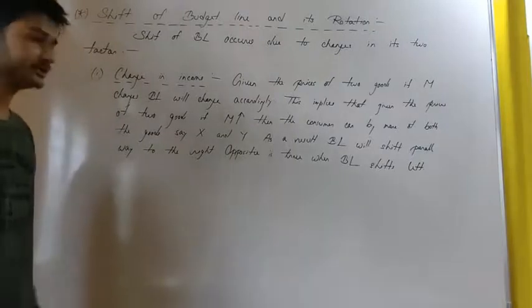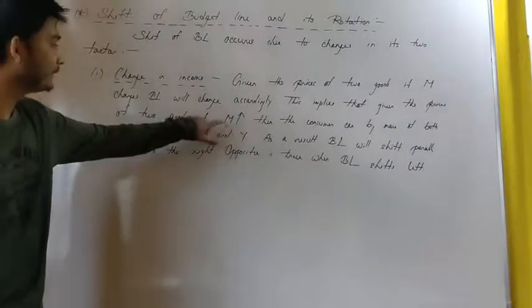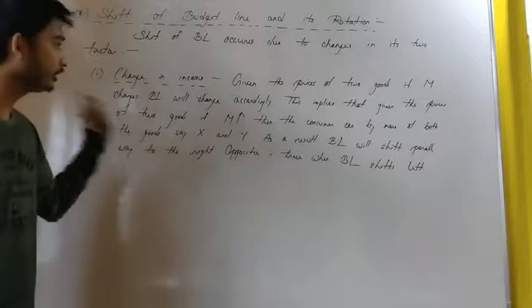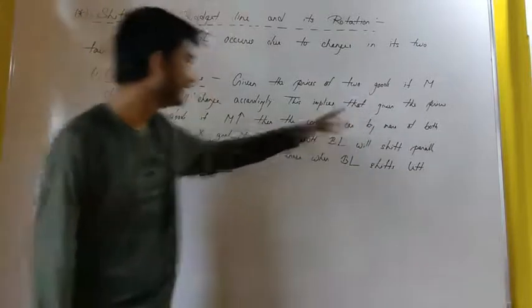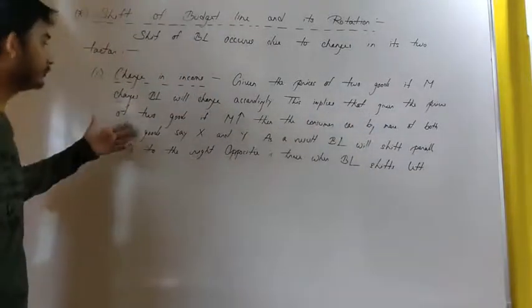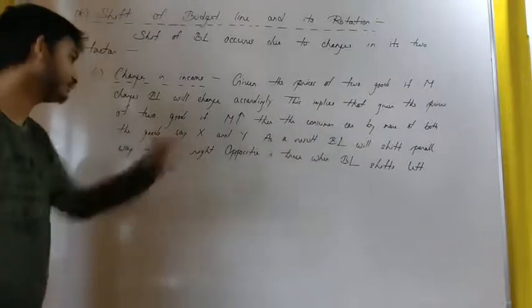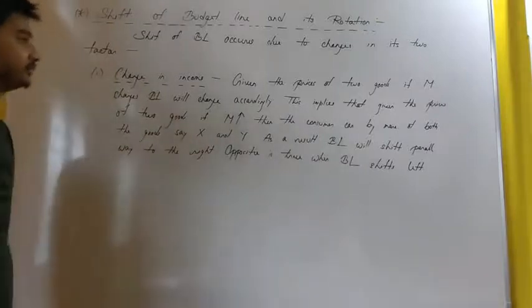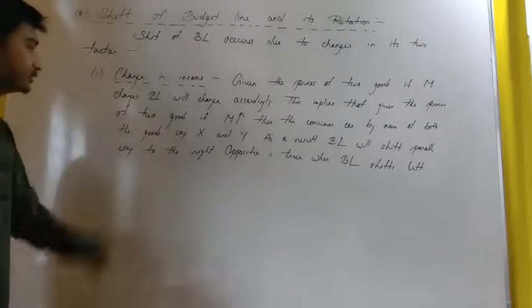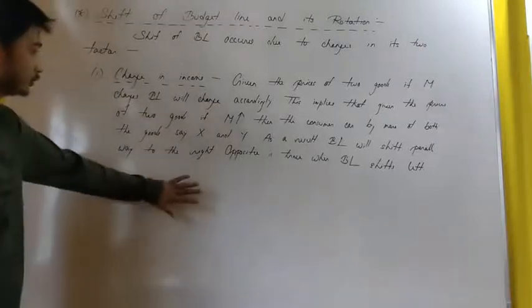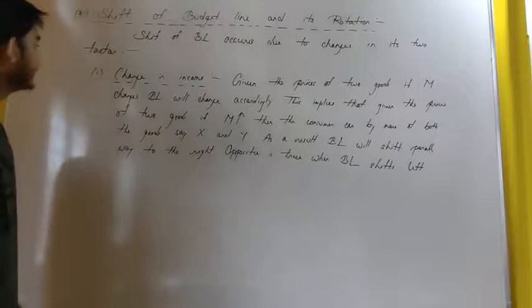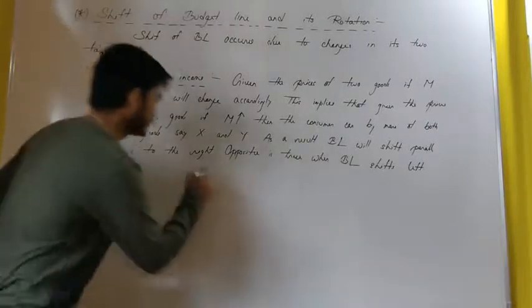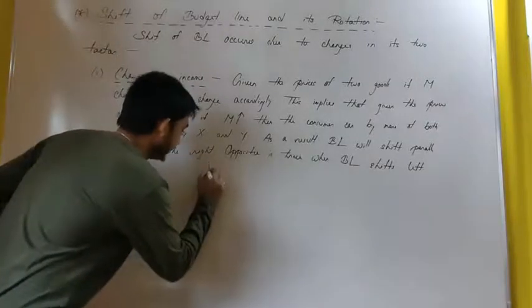When leftward shift will occur, when money income falls, then consumer can buy less amount of both the goods, say X and Y. As a result, BL will shift parallel to the left. So now let us see with the help of a diagram.